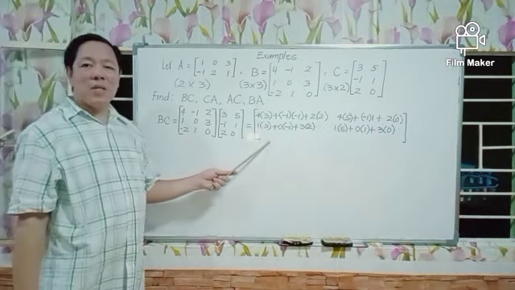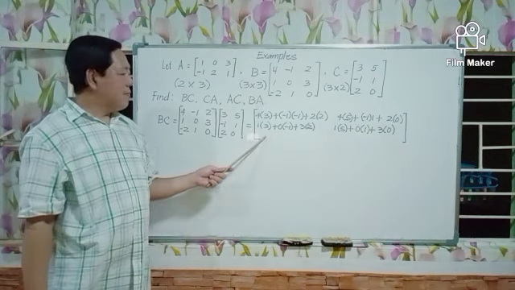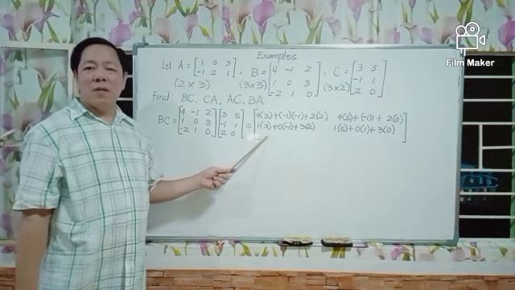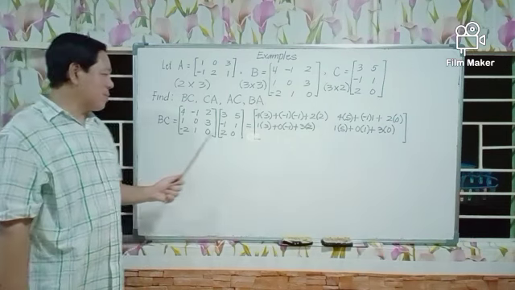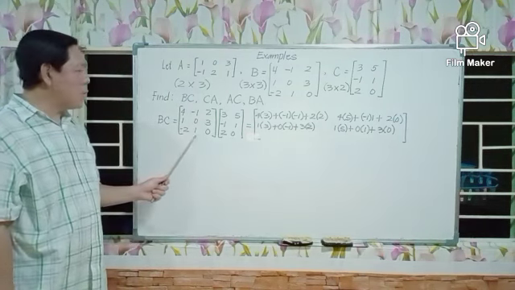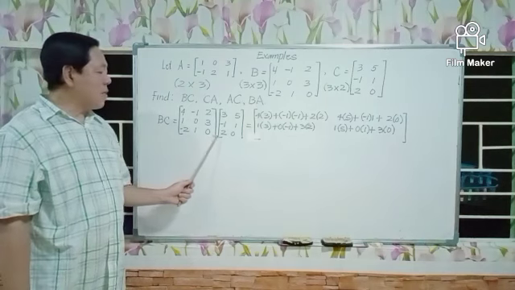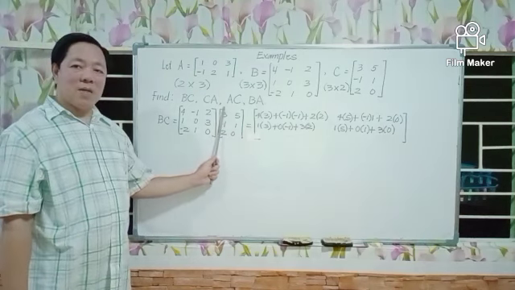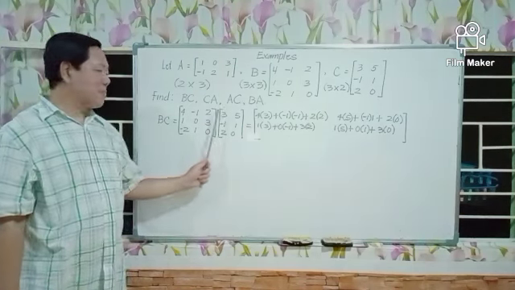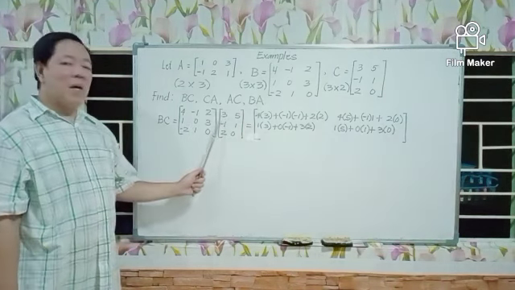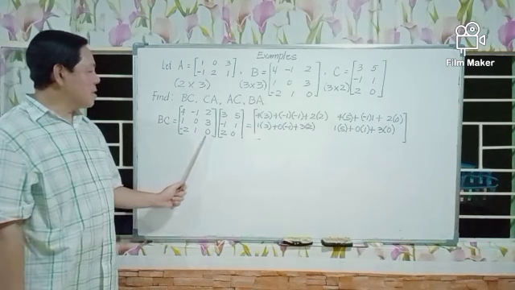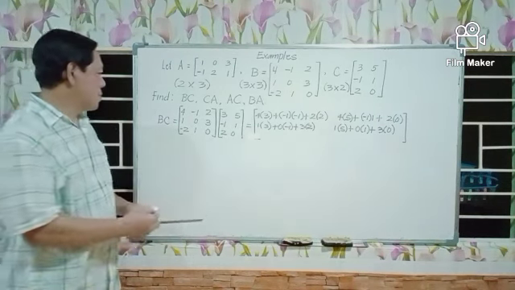Now, we are in the third row, first column. This entry is obtained by multiplying the third row of the first matrix, with entries negative 2, 1, 0, by the first column of the second matrix and adding the products. We have negative 2 by 3 plus 1 multiplied by negative 1 plus 0 multiplied by 2.